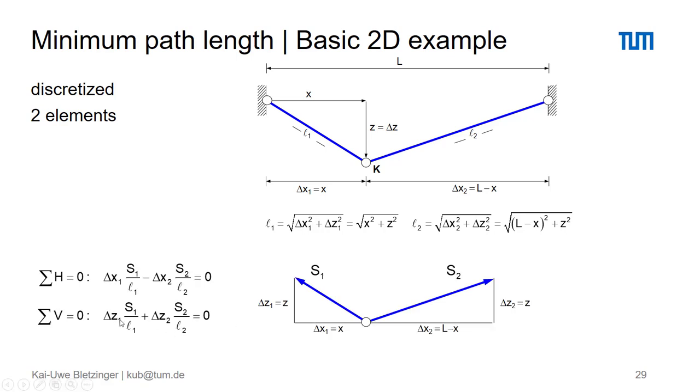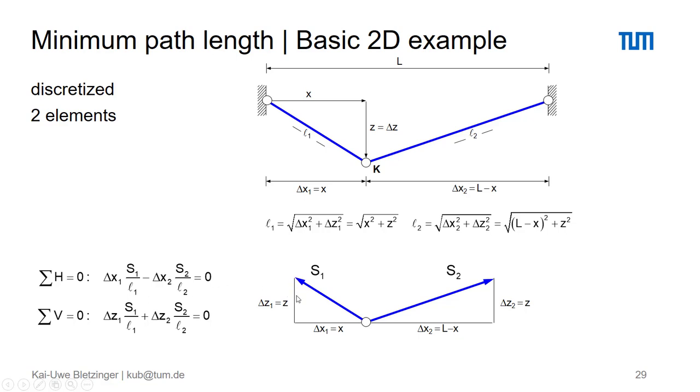And then we are able to set up the two equations of equilibrium in the horizontal and in the vertical direction, where for the horizontal direction, the two horizontal components of these two forces should add up to 0. And the horizontal component is determined by the force times the direction cosine delta X over L, for element 1 and element 2.